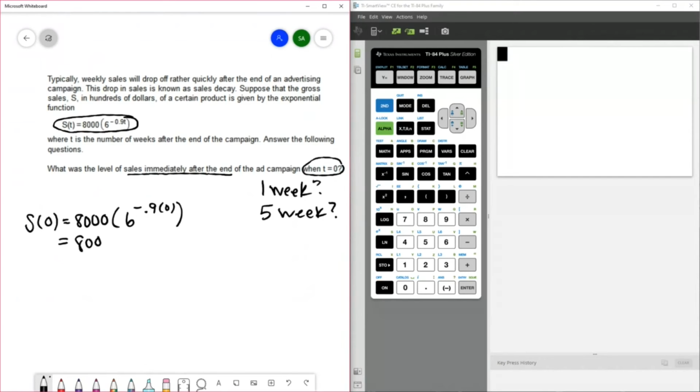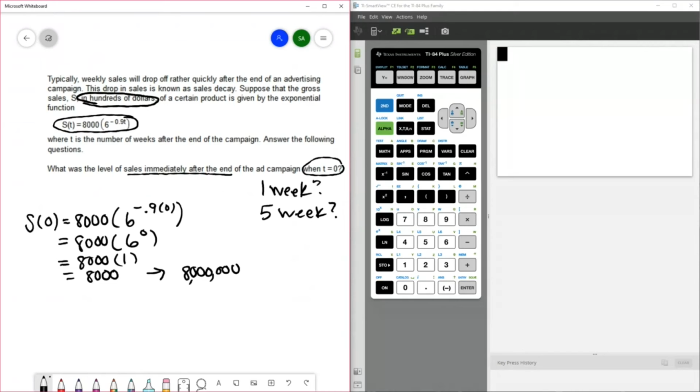This is 8,000 times 6 to the 0 power. 6 to the 0 power is 1, and 8,000 times 1 is 8,000. So the sales are 8,000, and remember, our sales are in hundreds of dollars, so it's actually an additional 2 zeros on there, so we have sales of 800,000 at the end of the advertising campaign.